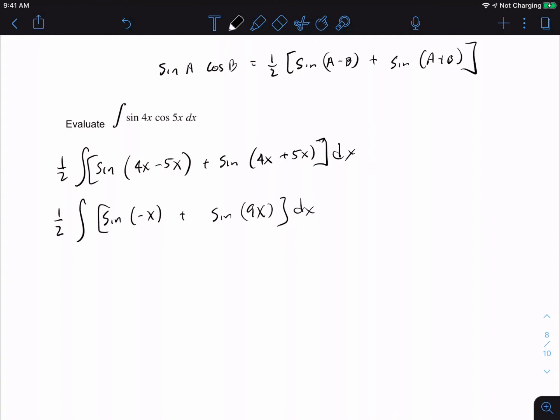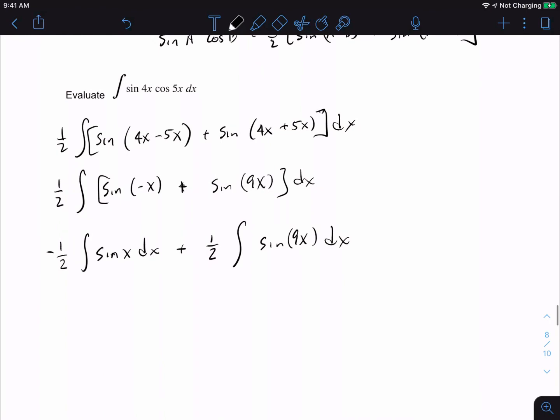Okay, so then I'm going to write this as two integrals. So this is going to be a negative 1/2 integral of sine of x dx plus 1/2 integral of sine of 9x dx. And so when I take the integral of each, I'm going to get the integral of sine is negative cosine, right?